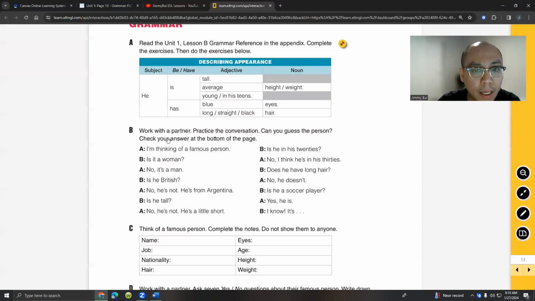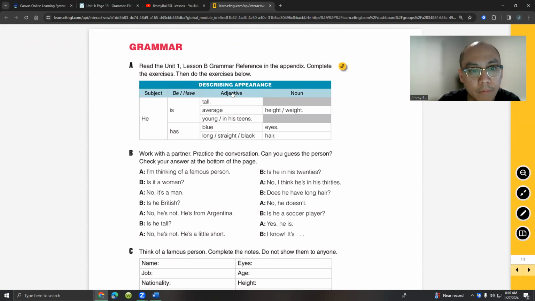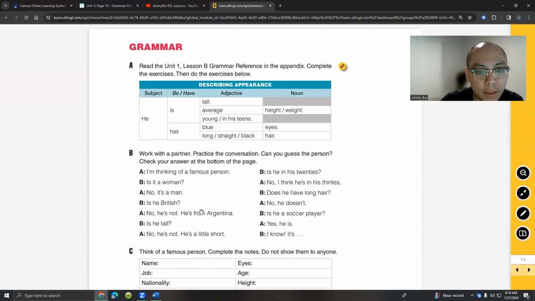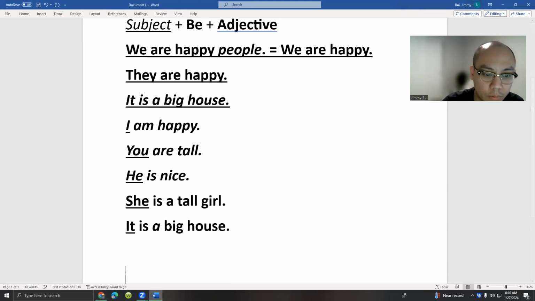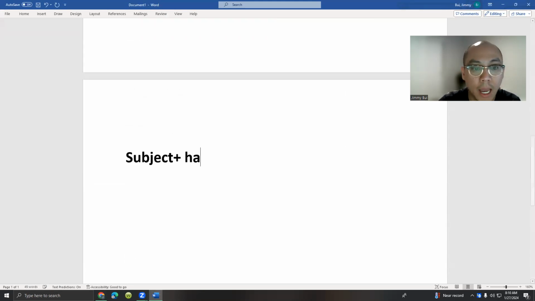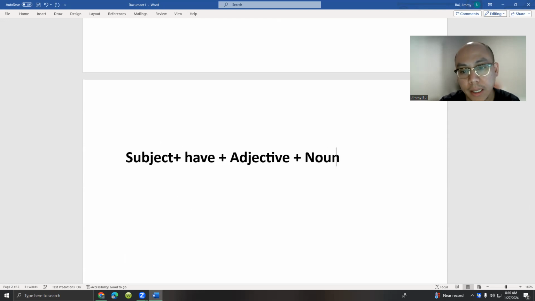And then the second verb here we have is the word have. The way that this is written with have is subject plus have plus adjective plus noun, or subject plus have plus noun.